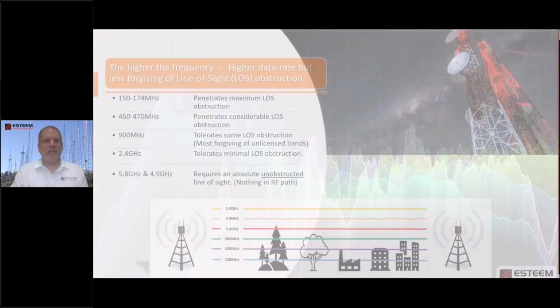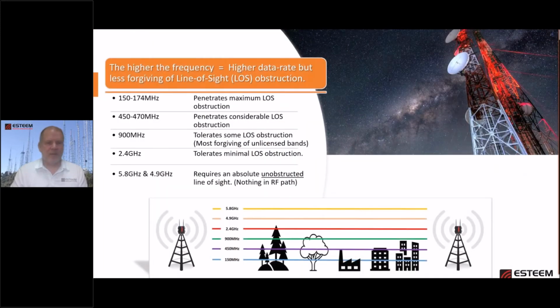We start looking across those frequencies in that balancing act, and you can see this graphic down at the bottom, built as a ladder. In the 150 to 174 megahertz frequencies, these carry a very low volume of data, but we need to get through a lot of line of sight obstacles or obstructions.